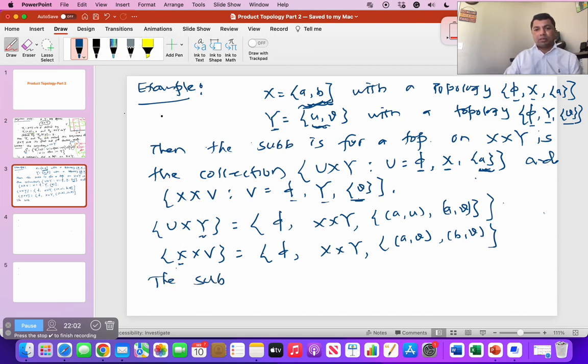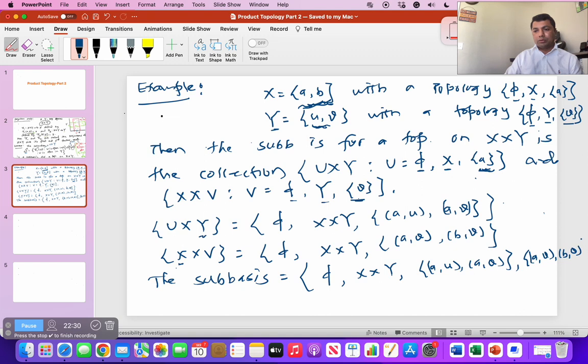Now we just write the collections together. The subbasis for the product topology on X cross Y is the empty set you already have here, then this set, then (A, A) and (A, B), then {(A, B), (B, B)}.